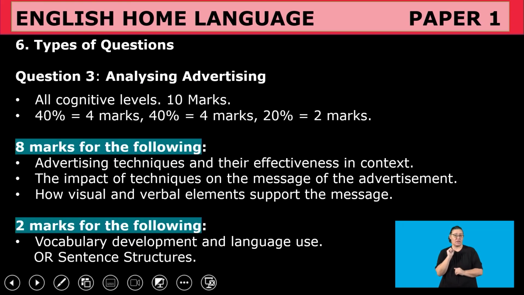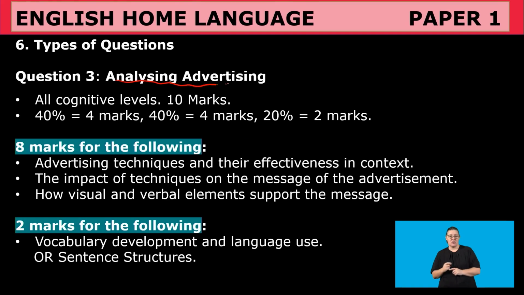Question 3 in section C is analyzing advertising. Again, in this question, we have all the cognitive levels. It's a total of 10 marks, so 4 marks lower order, 4 marks middle order, and 2 marks or 20% higher order questions. 8 marks will be asked on the following.